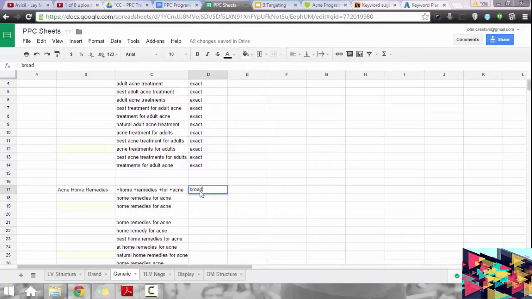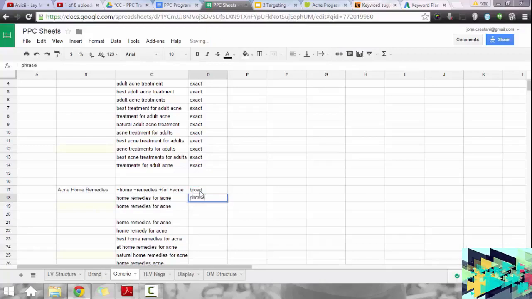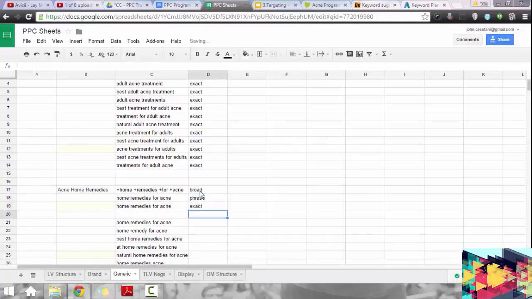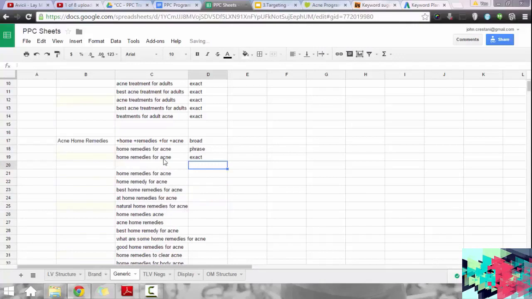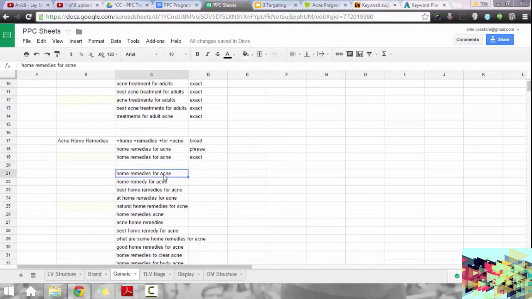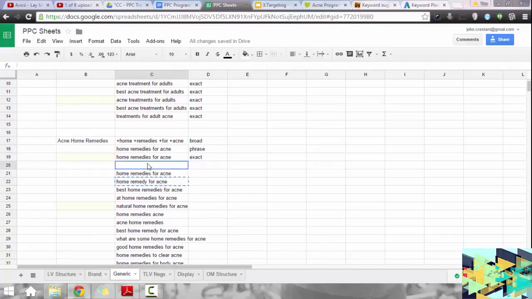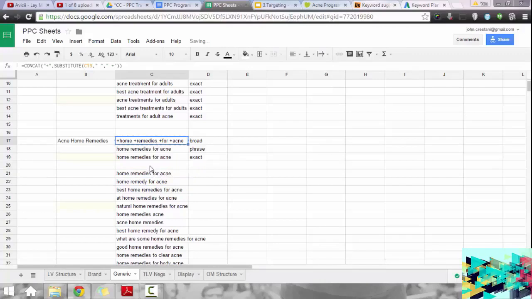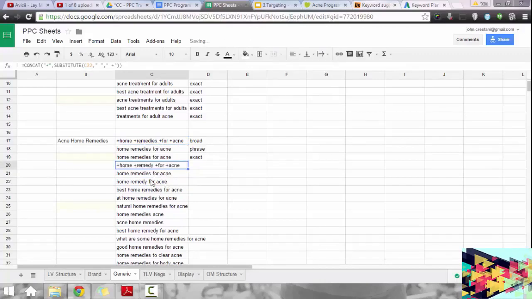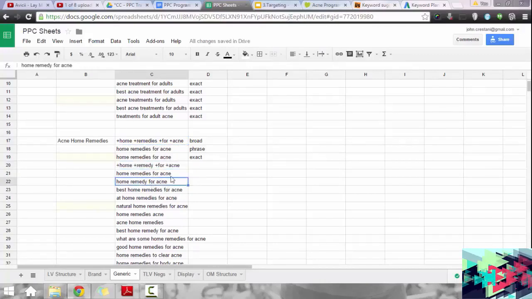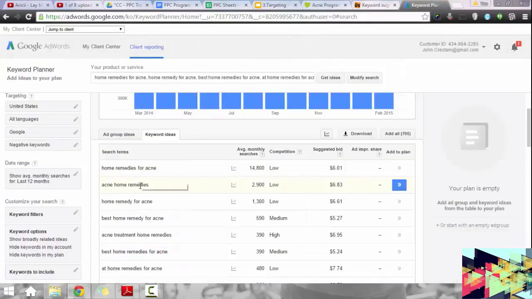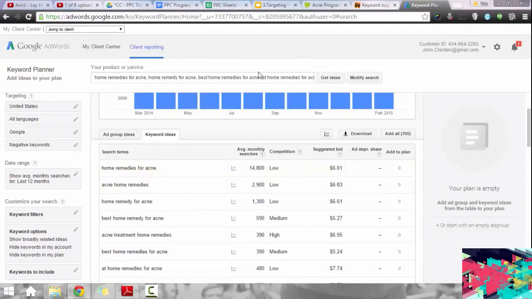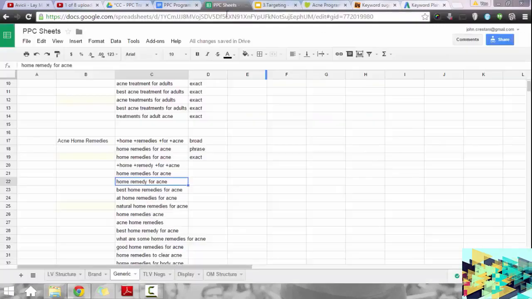I'm going to put this in modified broad, phrase and exact. I'm also going to put this. Oopsies. I'm also going to put home remedy. I'm also going to put acne home remedies in modified broad.